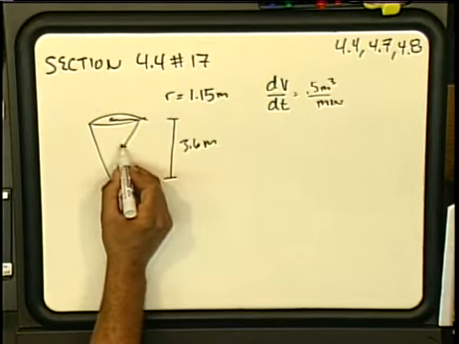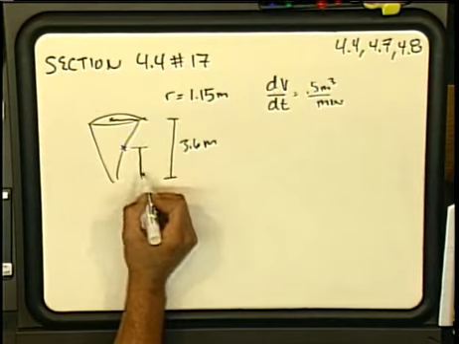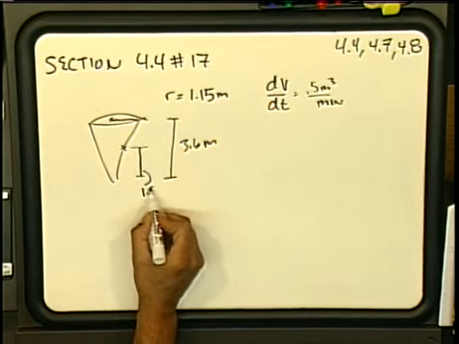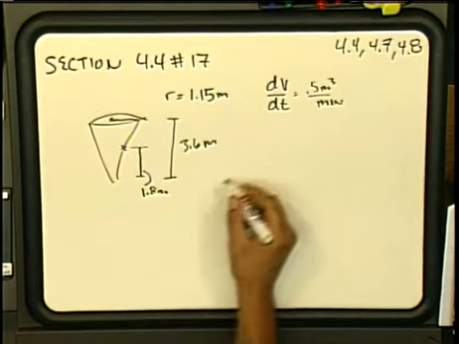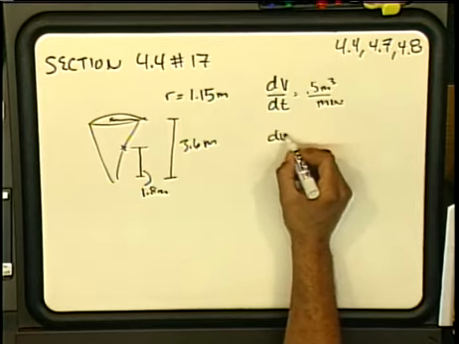So when it is right here at 1.8 meters deep, what is dV dt then?